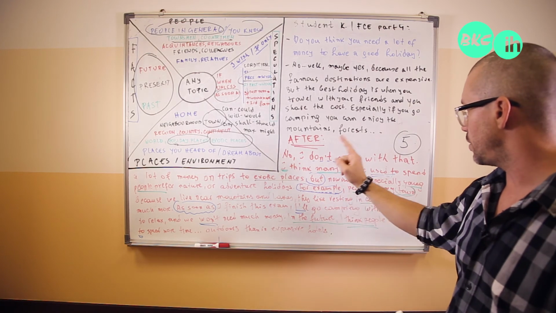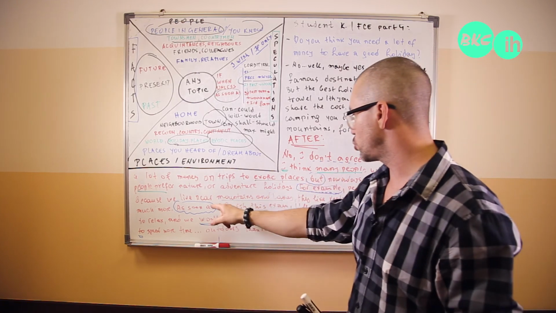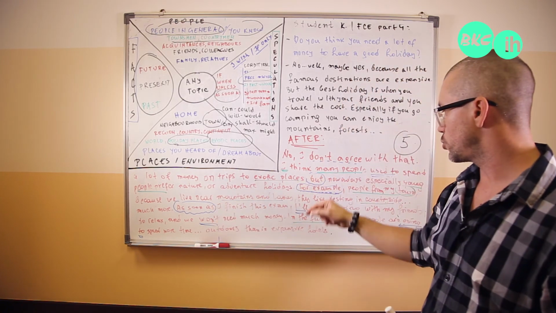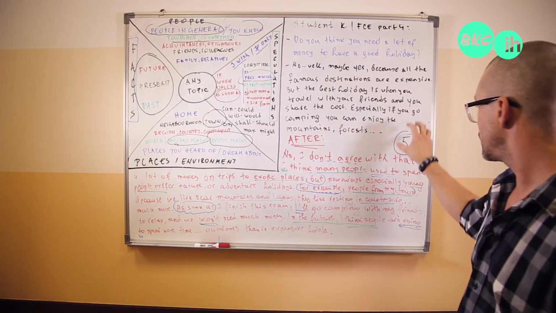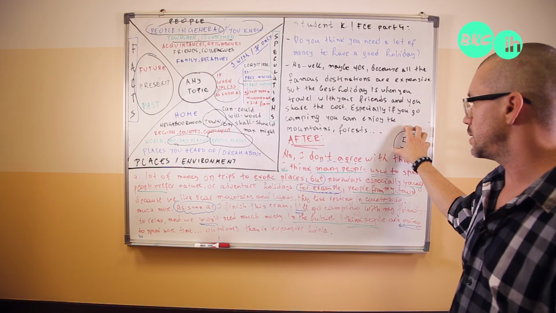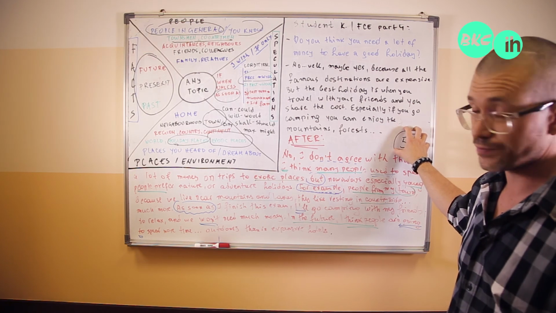And here you have but, for example, as soon as, which are all discourse markers. So this would be a good example of a band 5 answer.